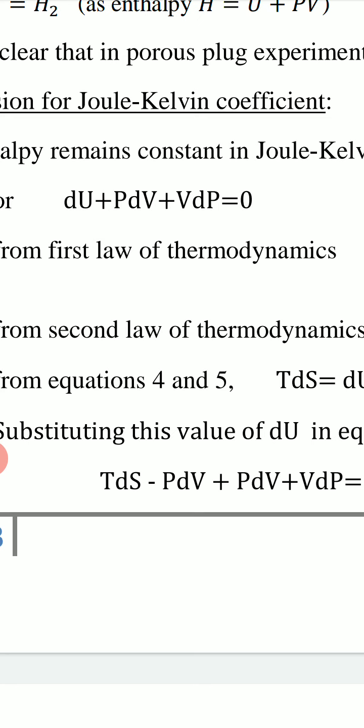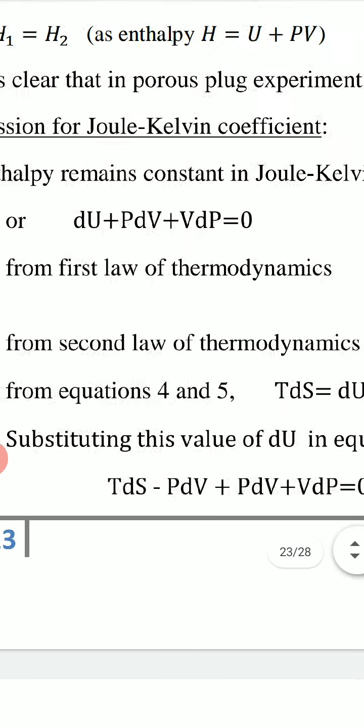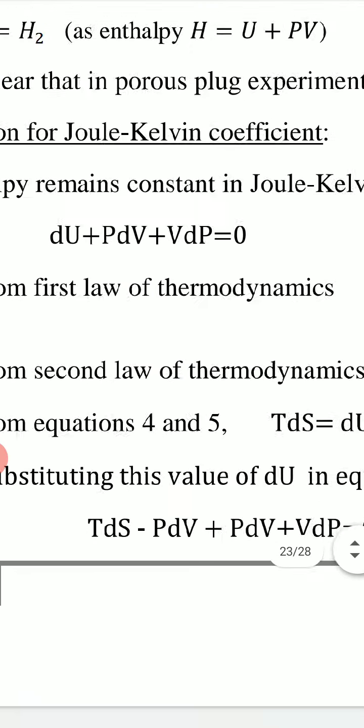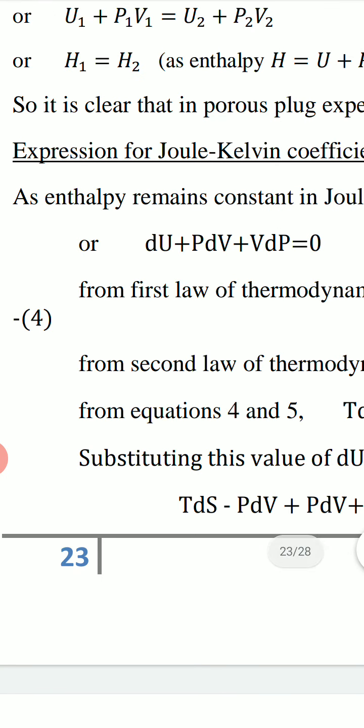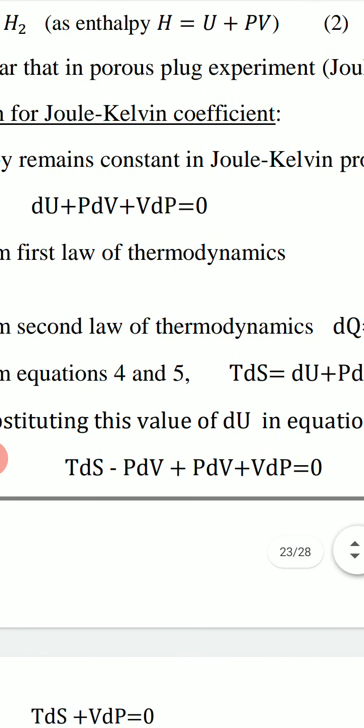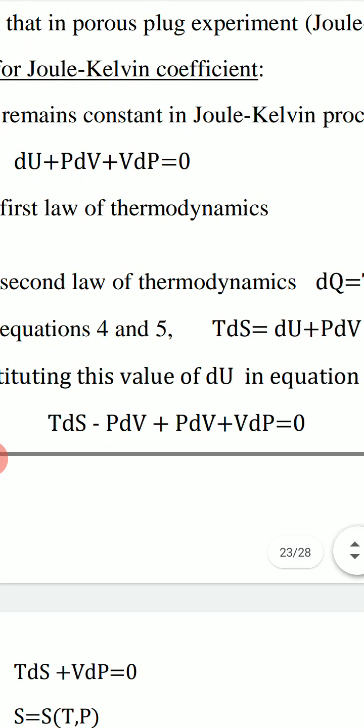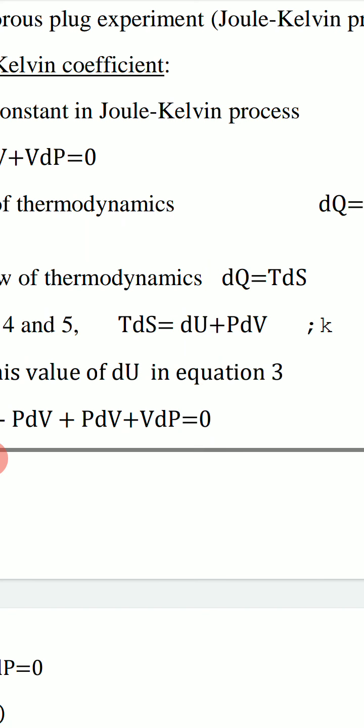So we are changing the pressure and we want to know the change in temperature. So we want delta T upon delta P, change in temperature divided by change in pressure. Delta T upon delta P is known as the Joule Kelvin coefficient. So we will now find the expression for it, as we have proved that enthalpy remains constant in this Joule Kelvin process.